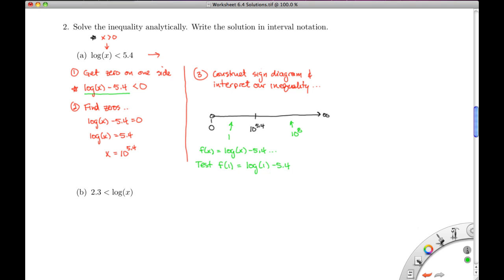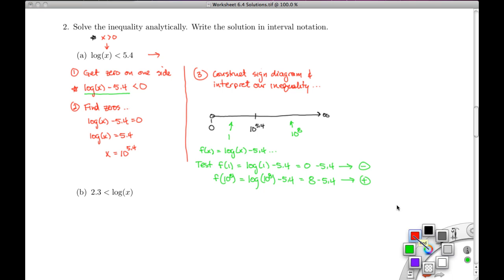We know the log of 1 is just going to be 0 minus 5.4, so that tells us that on this interval this function would be a negative number. Then we'd test f of 10 to the power of 8. So we've got the log of 10 to the power of 8 minus 5.4. Evaluating this log, since it's base 10, that's just going to be 8 minus 5.4, and that's going to give us a positive number.